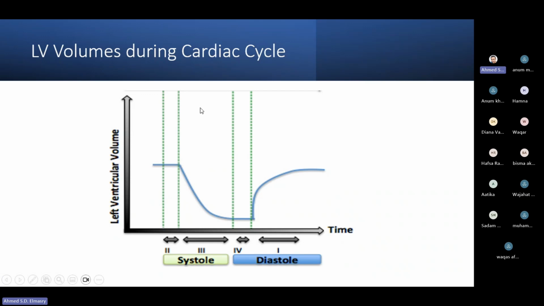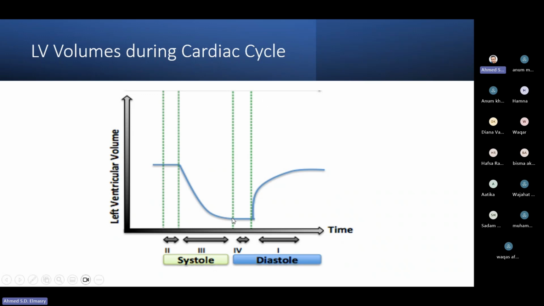When the systolic ejection phase starts, because the aortic valve starts opening at this point, the blood inside the left ventricle will be ejected to the aorta, and you will notice that the volume inside the left ventricle will decrease gradually till it reaches this point, which is the left ventricle end systolic volume.